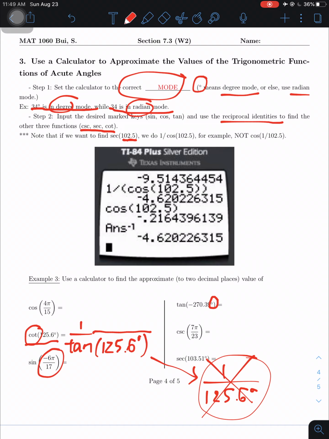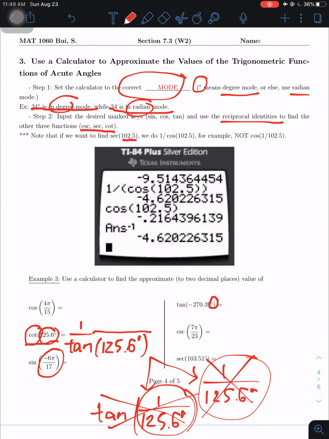And secondly, if you do tangent of 1 divided by the angle, this is also wrong because you're changing the angle, so it's not the angle itself anymore. In here you have 125.6, but once you flip it, it's not going to be 125.6 anymore.